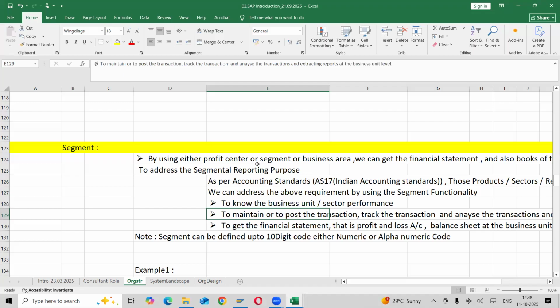Same thing I have mentioned, what we discussed here. Segment also can be defined up to a 10-digit code.